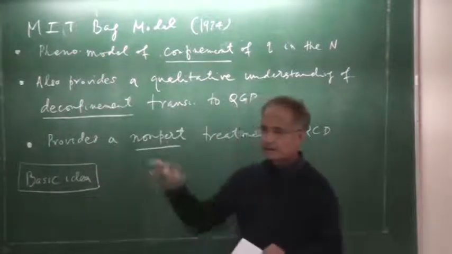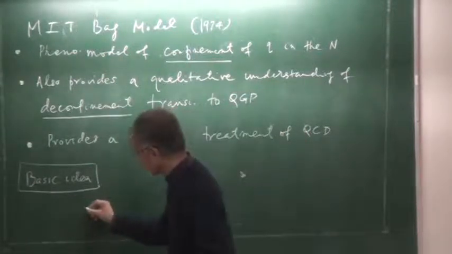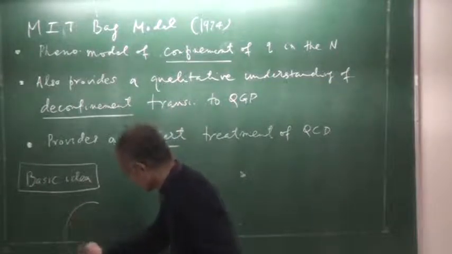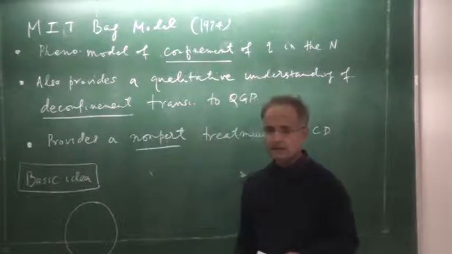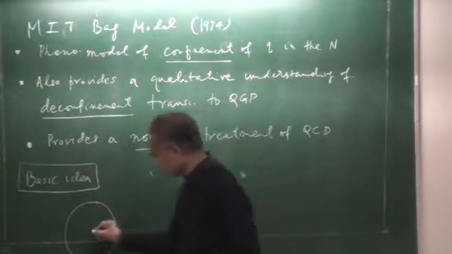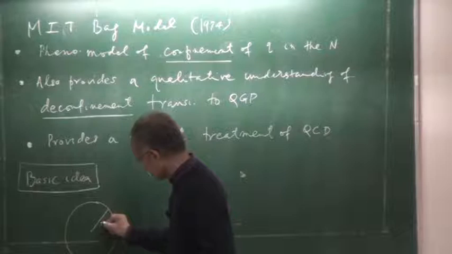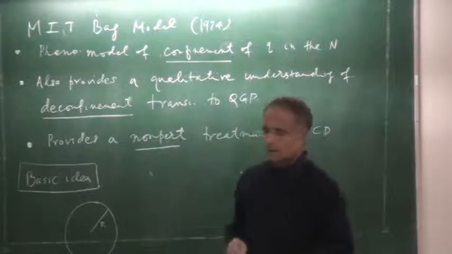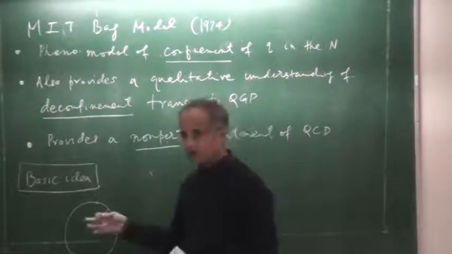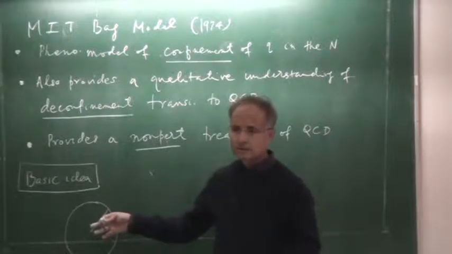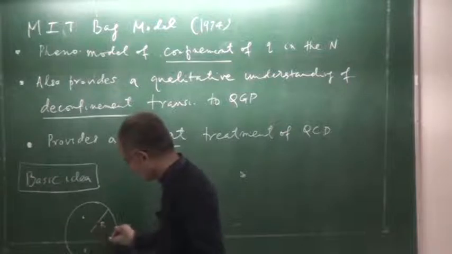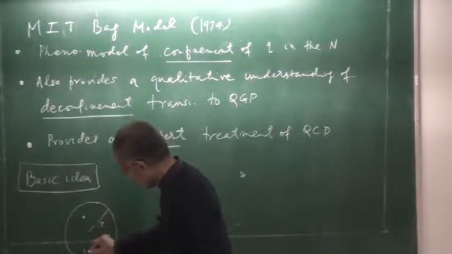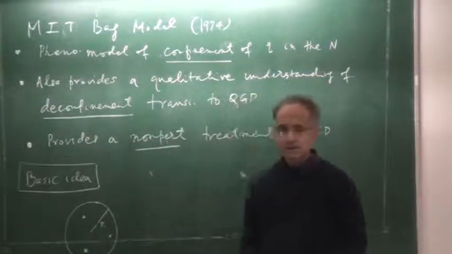You imagine that there is some cavity, let's take a spherical cavity of some radius r, and put quarks inside. If you are talking about a baryon, then there are 3 quarks. If you are talking about a meson, then there is a quark and an anti-quark.